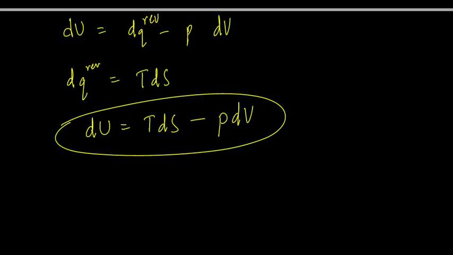If these are all state variables, I initially assumed that the change be reversible. But these are all state variables, so it does not matter whether the change is reversible or irreversible. This equation holds true for both reversible and irreversible cases. Why? Because it really does not matter how the volume changes. It only matters what is the initial and the final volume. Right?